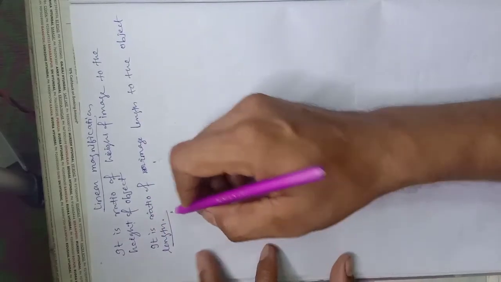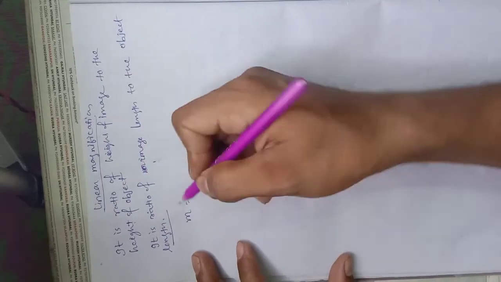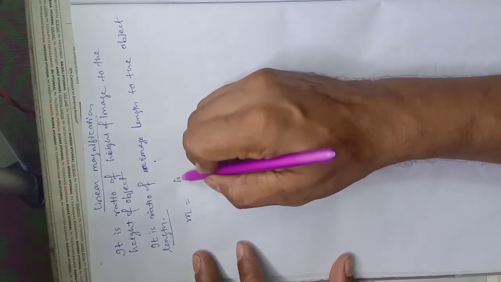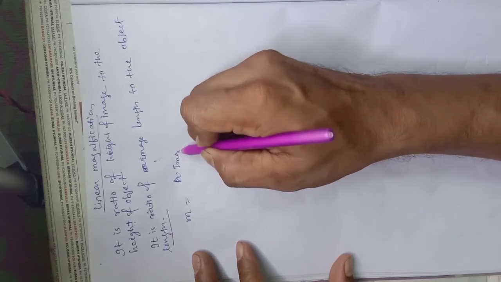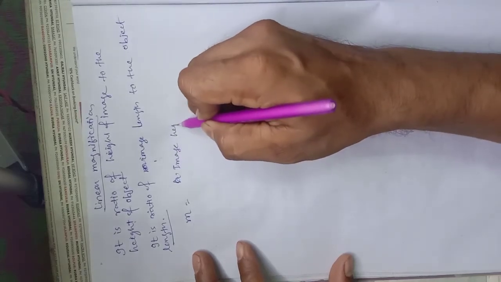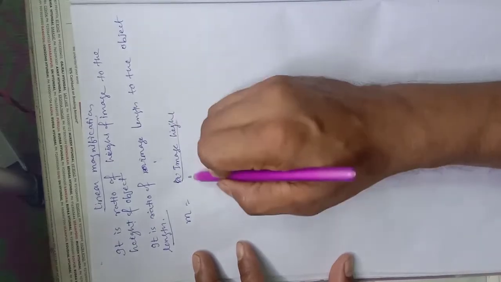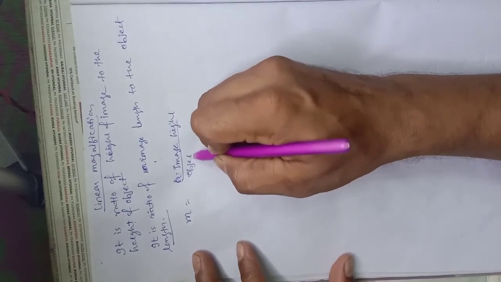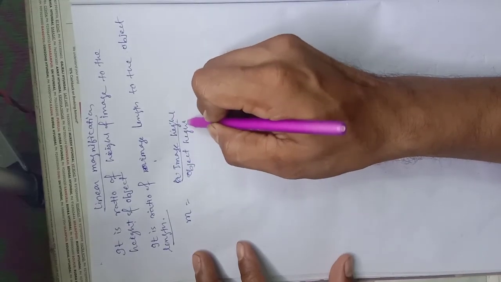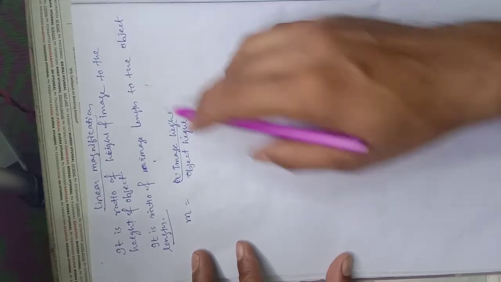The symbol of linear magnification is m. So that means it is the ratio of image height to object height.